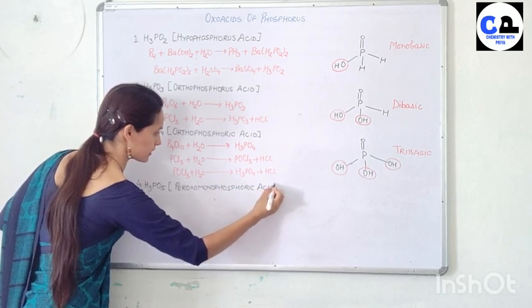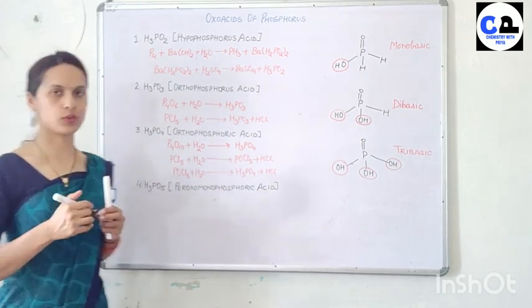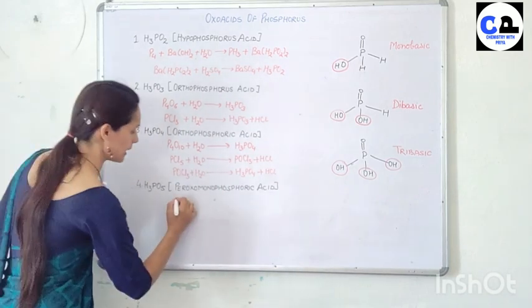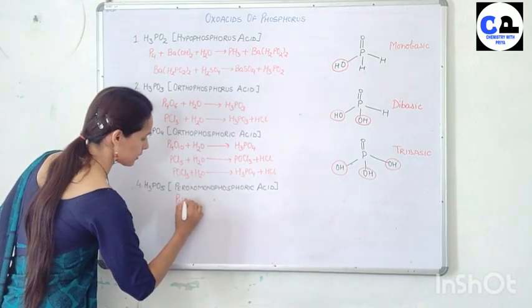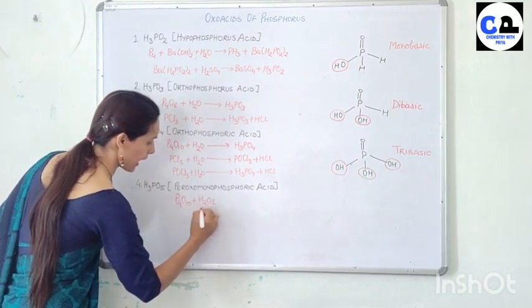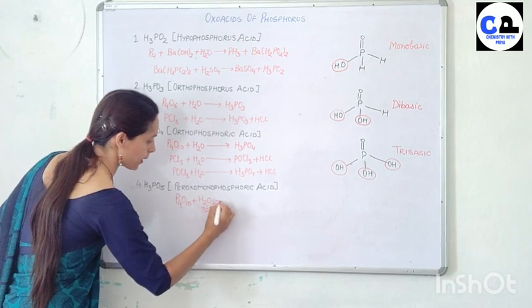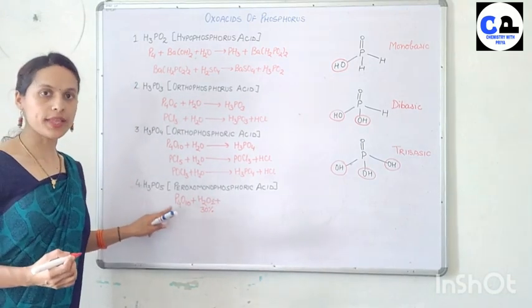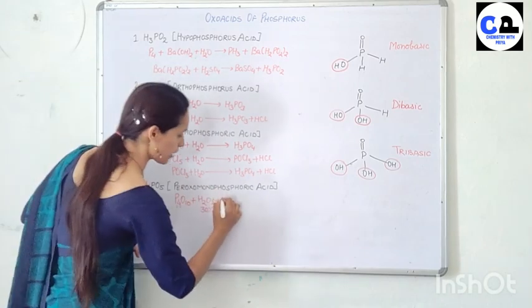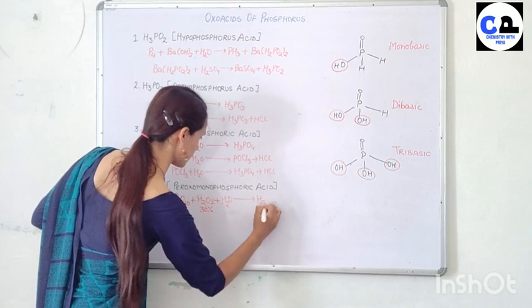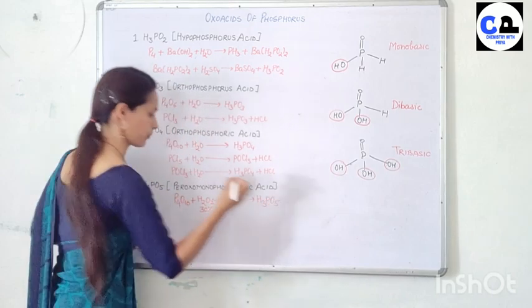It is prepared by reacting P4O10 with 30% aqueous hydrogen peroxide solution. By treating P4O10 with 30% aqueous hydrogen peroxide solution, we get H3PO5.